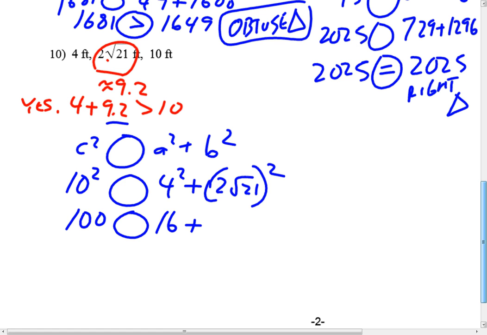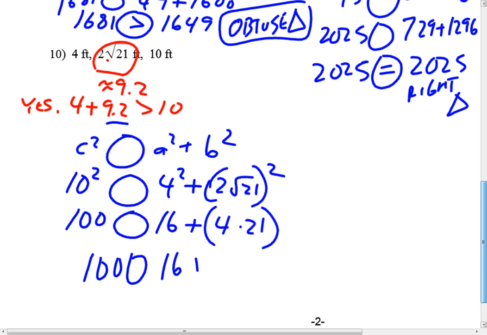What do I do with radicals and whole numbers that get squared? The 2 gets squared. A radical being squared results in whatever number's inside the radical. That's 116 plus 84. Yep.